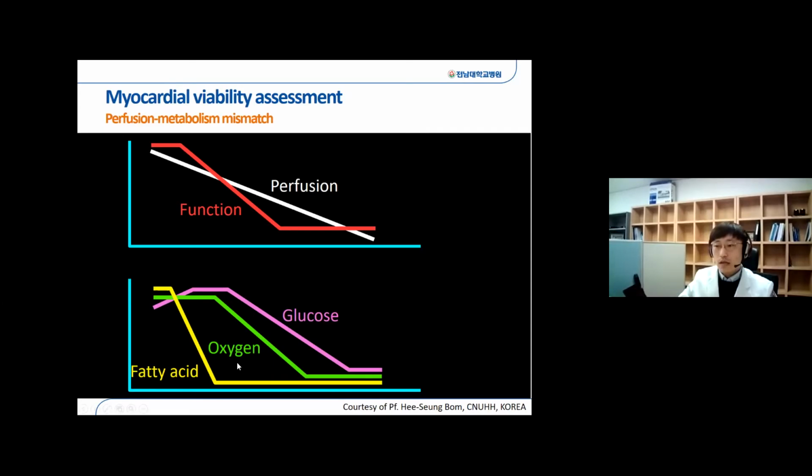So if the myocardium falls into the hypoxic state, there may be insufficient oxygen to cut all the fatty acid chains, and the myocardium begins to prefer glucose to fatty acid. So the metabolic shifting occurs as the perfusion and the oxygen content go down, and glucose metabolism is the last metabolism that remains before the myocardium becomes a scar.